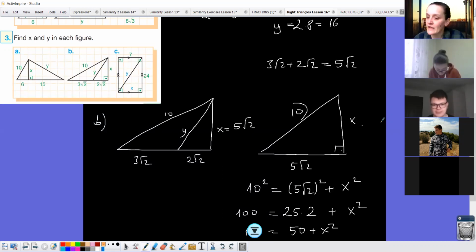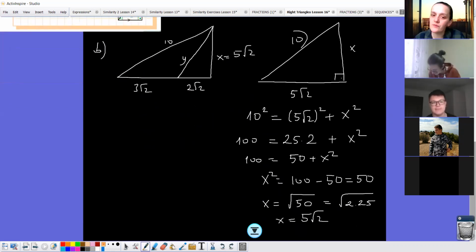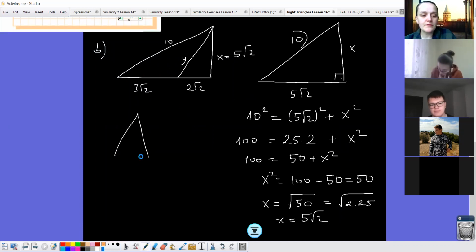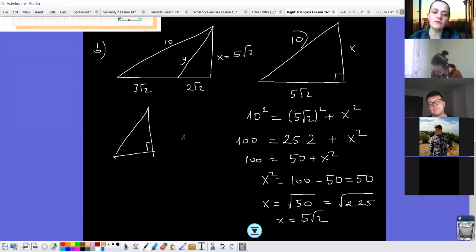Now I'm taking the small triangle. Oops, I couldn't draw it. Okay. You can understand that this is a right triangle. So this is y, this is 2 root 2, and we found that this one is 5 root 2.